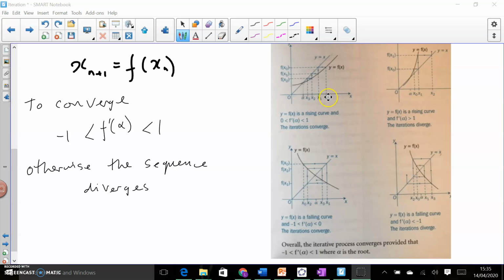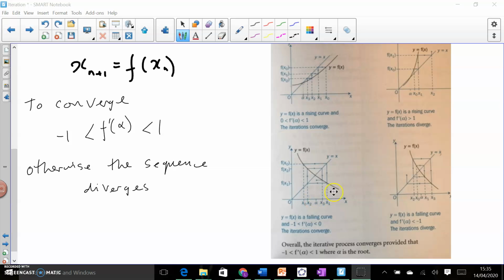In that case, choosing a root over here as x0, you substitute in to get the value at x0. Then you replace that value as x, go to the curve again, and replace that value as x, and go to the curve again, and so on, and you converge towards alpha, the root.